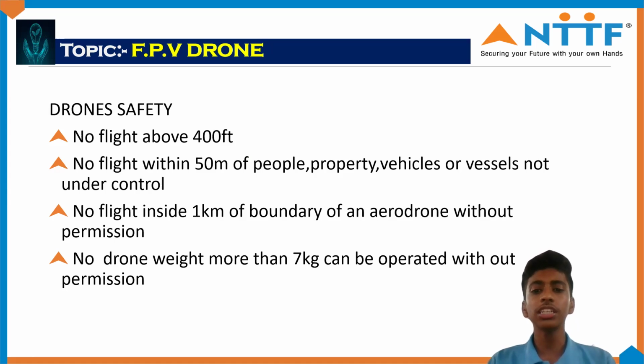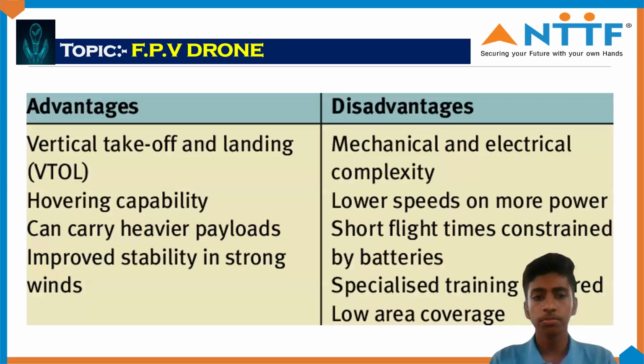So no drone weighing more than 7 kg can be operated without permission, which means that this kind of drone is used by special authorities, in the field of wars, and by army personnel. So if we are taking a drone that weighs more than 7 kg, then we have to get special permission. Only then can we fly it.